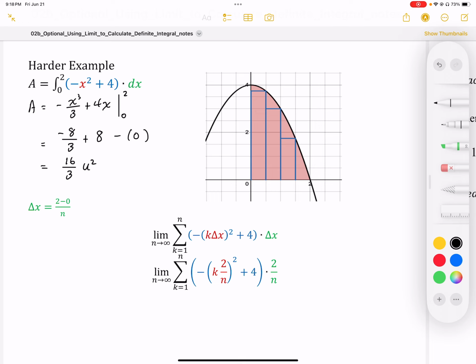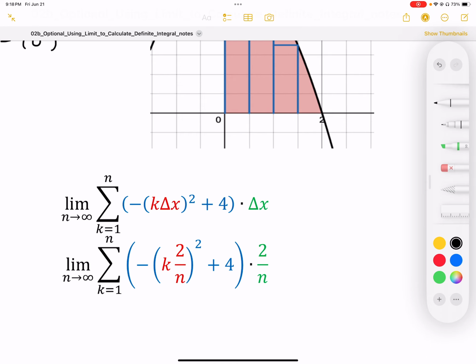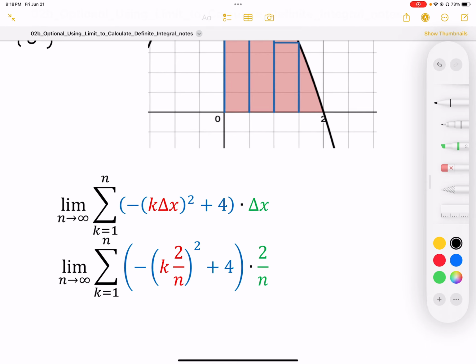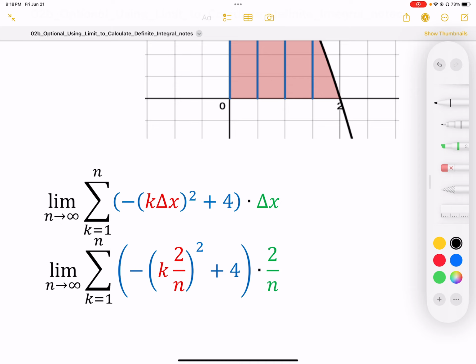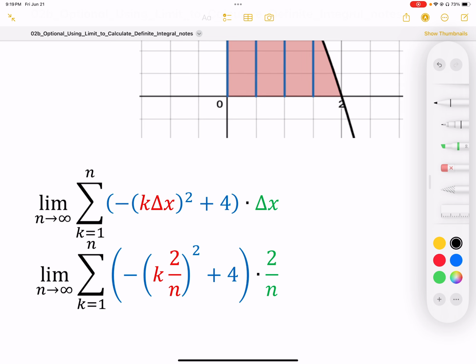So let's first of all establish the expression for our area, or for the rectangles, using n. So we have our negative x squared plus 4. The x we need to replace with some expression for x.